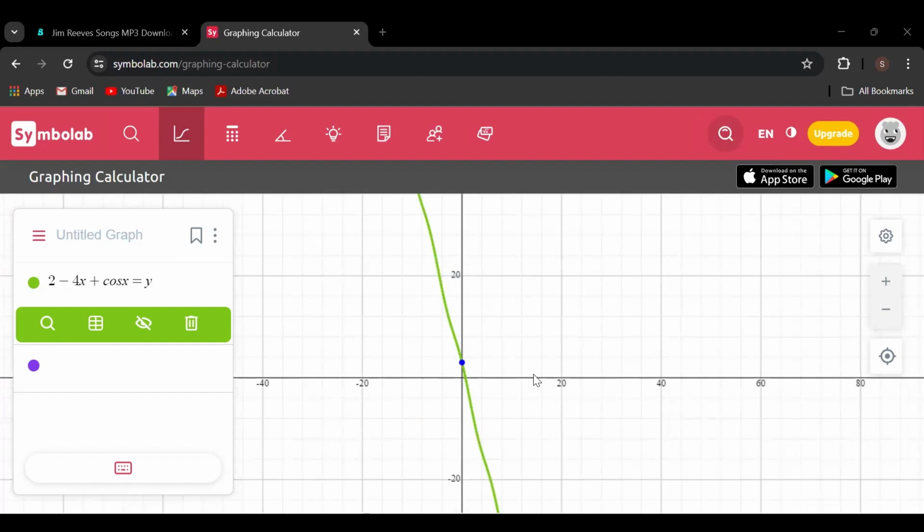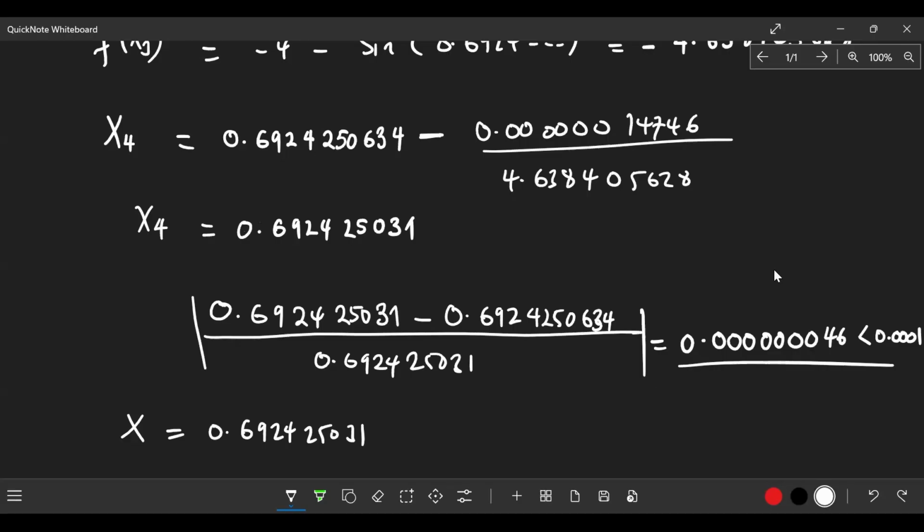Yes, I want to confirm something on the calculation, the last step. Okay, you can continue. All right.